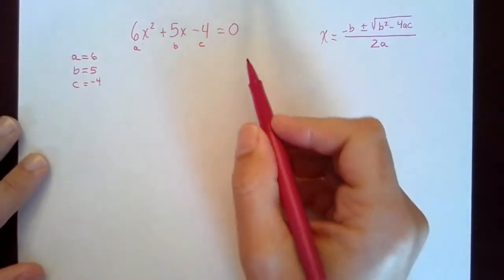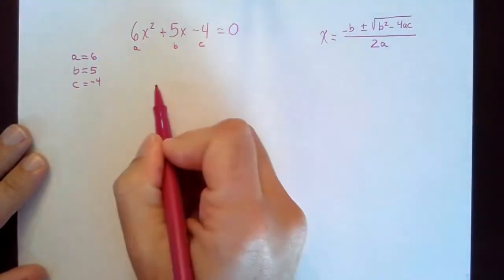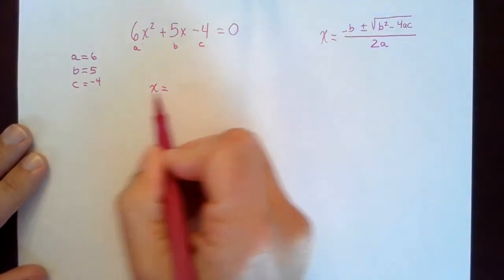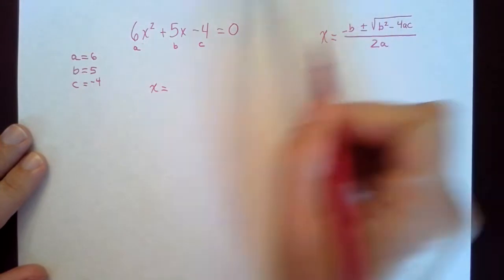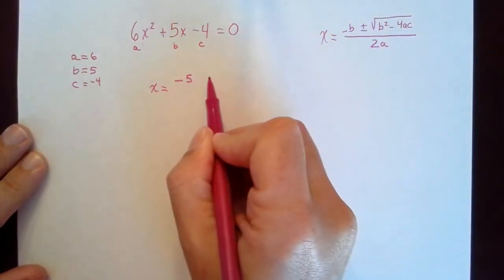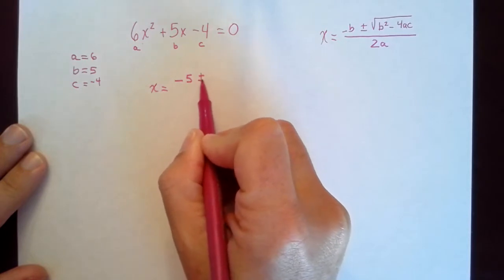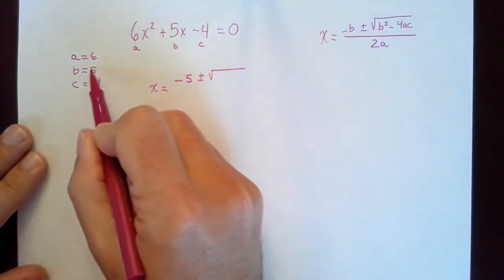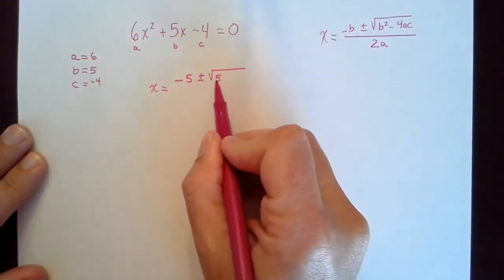Okay. So now I'm just going to rewrite my quadratic formula with my values. All right. So it is negative B, so negative 5. Now it will be plus or minus the square root of b squared. My b is 5 squared.